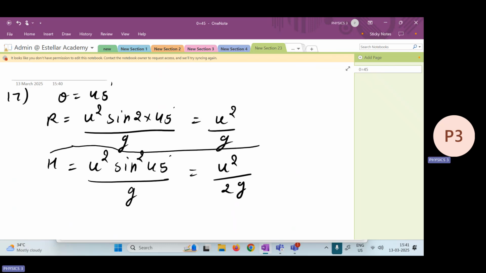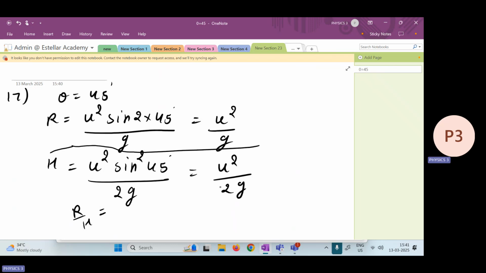Now if we divide them, then R by H. Sorry, maximum height's formula would be u square sine square theta by 2g, no?